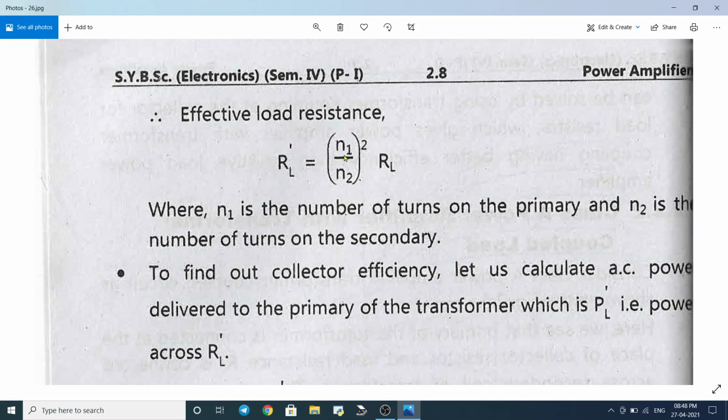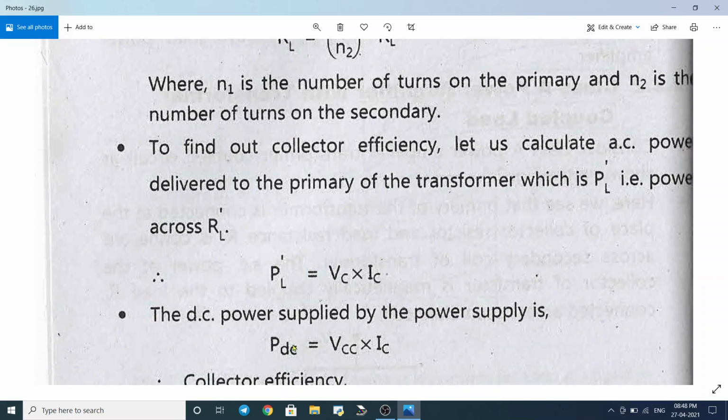RL dash equals (N1 upon N2) whole square into RL. So the AC power delivered to the primary of the transformer is denoted by PL dash. PL dash equals VC into IC.